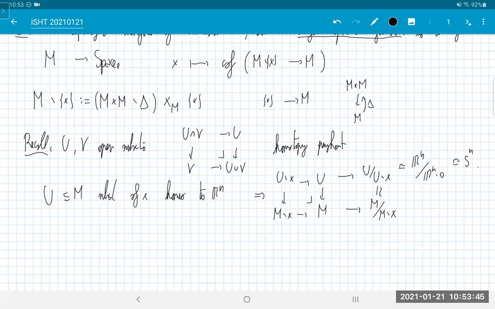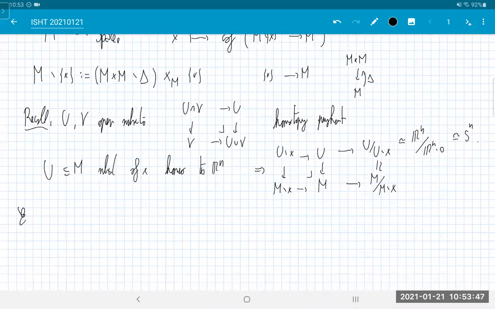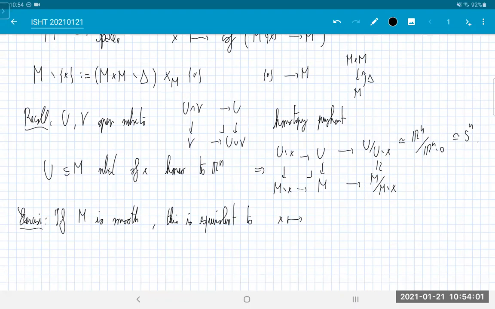And I think I'll leave it as an exercise. If M is smooth, this is equivalent to X goes to S to the one-point compactification of the tangent bundle.